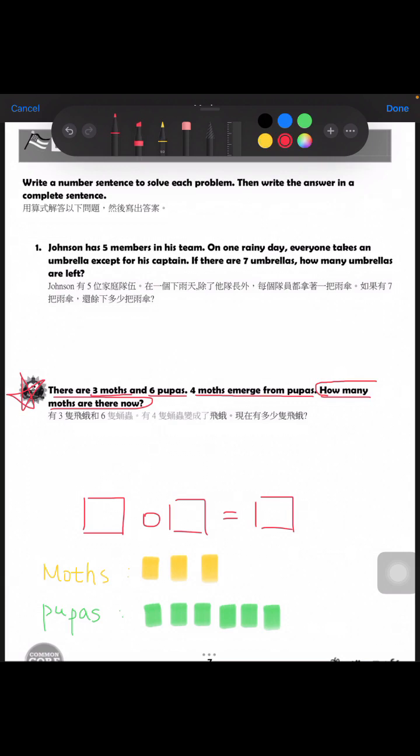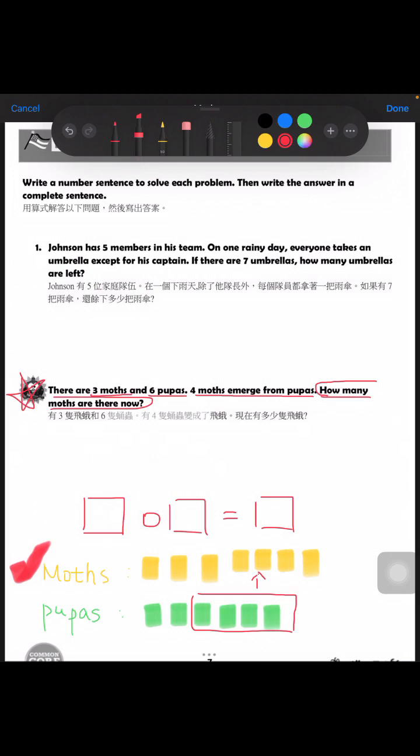And then 4 moths emerge from the pupae, so we circle 4 pupae. And they become the moths now, so they are now in yellow color. 1, 2, 3, 4. And we need to find how many moths there are now.